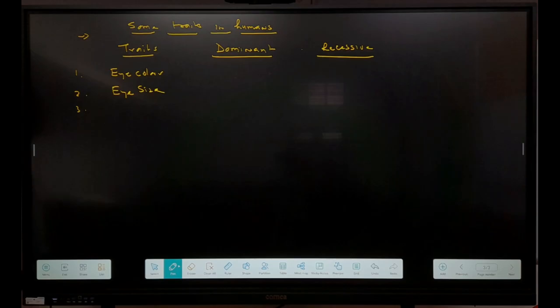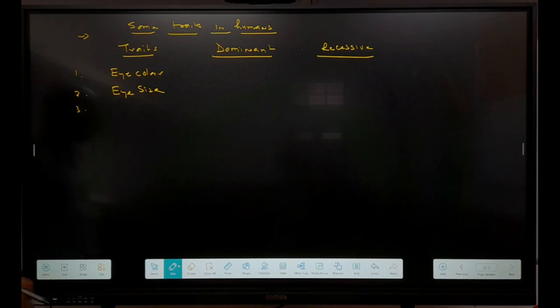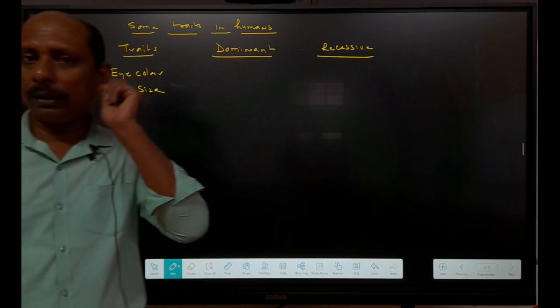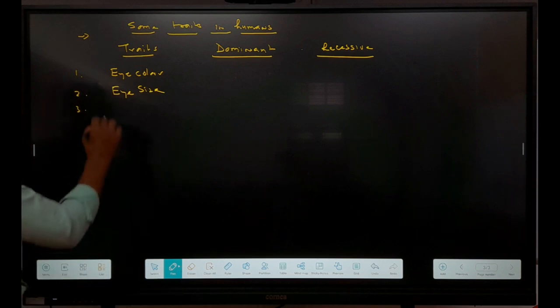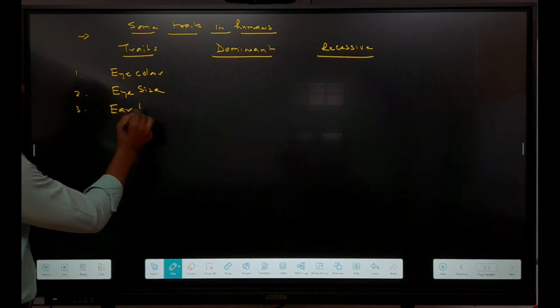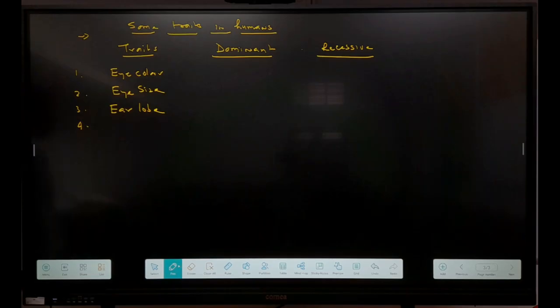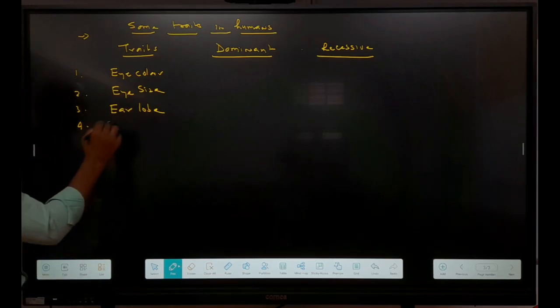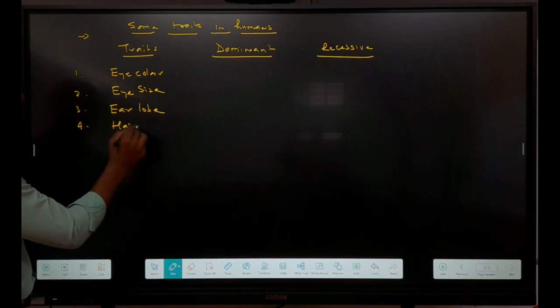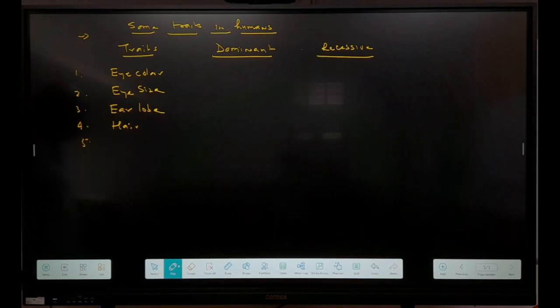Third is the ear lobe. Two types of ear lobes are there. Fourth, skin color and hair are also there. Fifth, if we consider the cheeks.